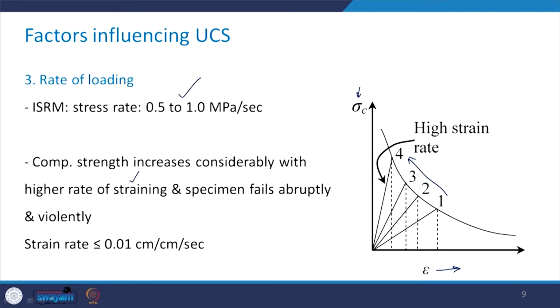You can see that when the specimen is subjected to a larger strain rate, the slope of this curve is steep, and when this is steep, when the failure takes place, it is going to fail abruptly and violently. So therefore, it has been recommended that the strain rate must be less than or equal to 0.01 centimeter per second in the lab.